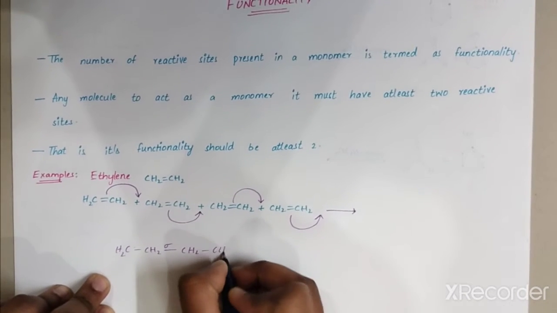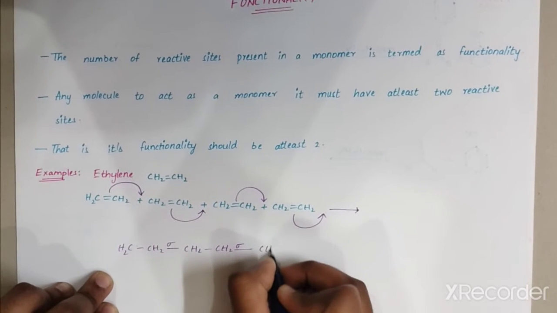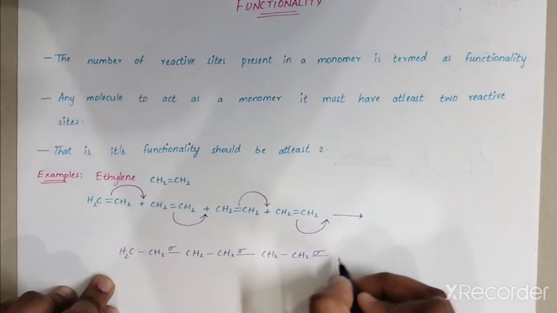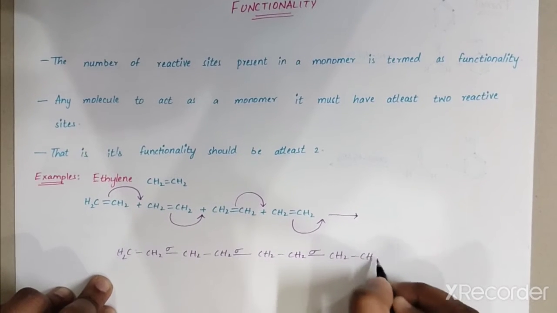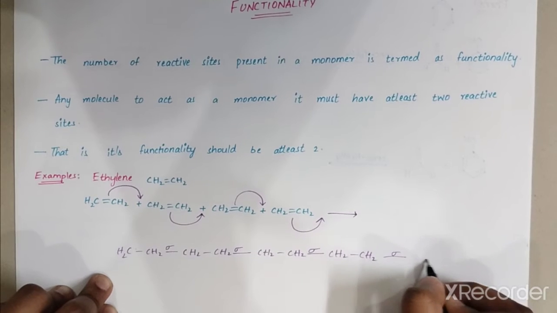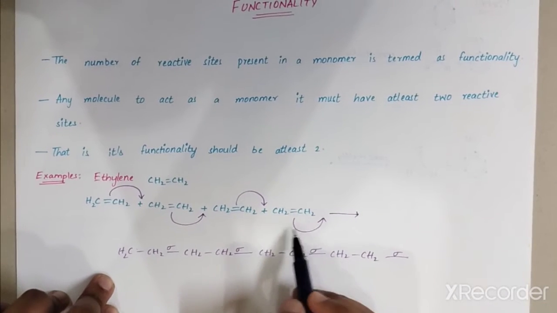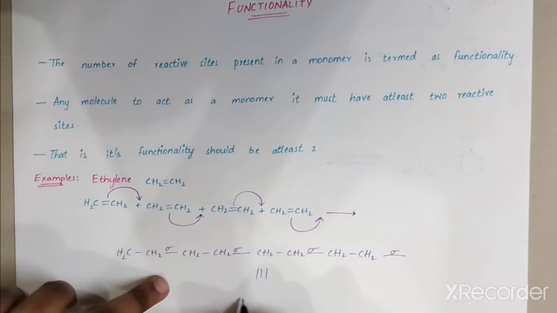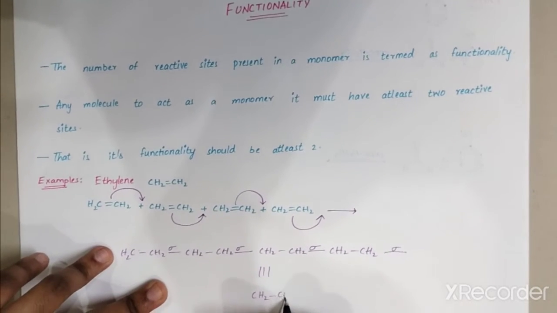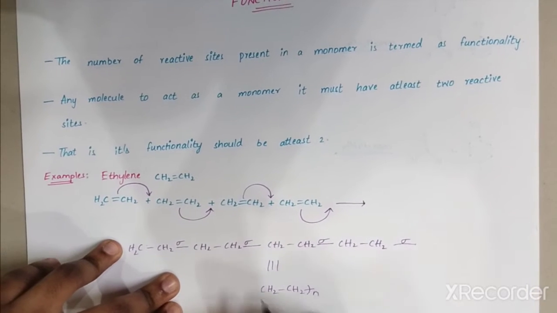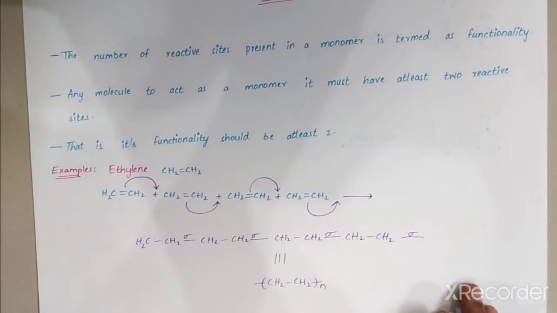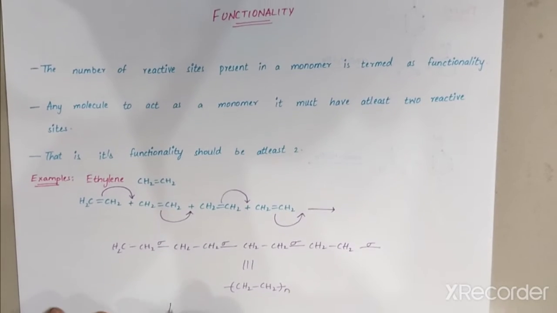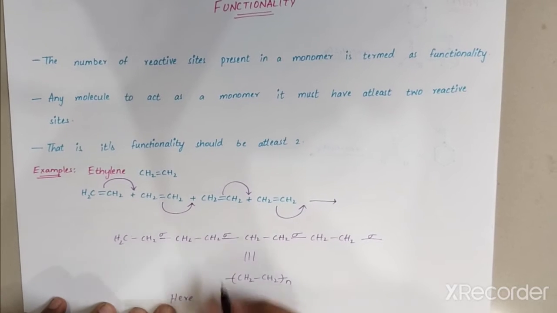CH2-CH2, again a sigma bond, CH2-CH2, and so on, and sigma bonds will be continued until however many ethylene molecules we take. This can also be represented as (CH2-CH2)n, because a polymer is made up of n monomers. Here, the functionality of ethylene is 2.